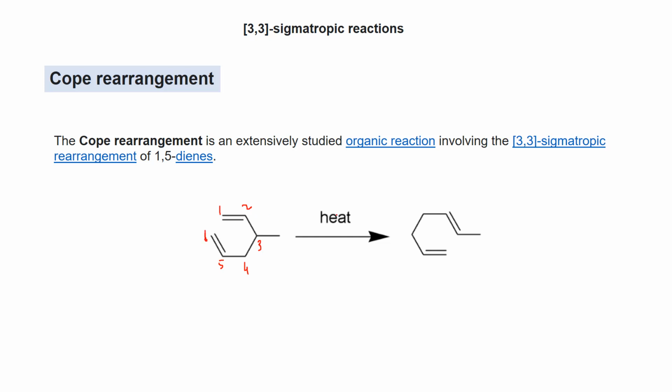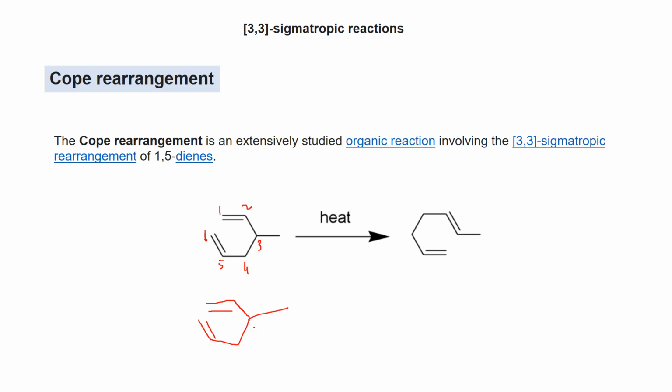So if you give heat to this reaction, what will happen? This is a 1,5-diene, but just to make it easier to understand what a 3,3 sigmatropic reaction is, the numbering should be done in a different way.